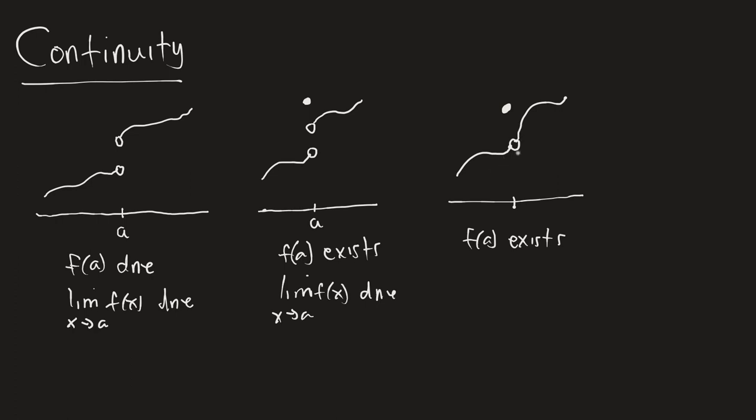I can now say that the two-sided limit exists because the limit from the left and the limit from the right are the same, right? So I could say that the limit as x approaches a of f of x also exists.